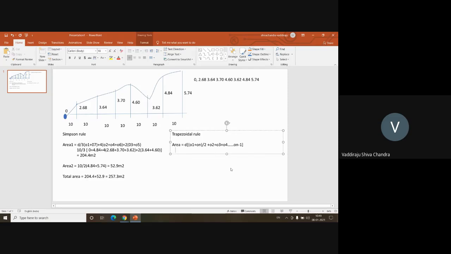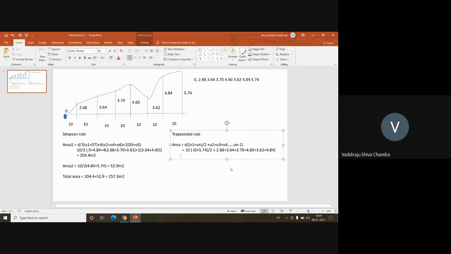So in our case, what is the value of D? 10. Multiplied by, what is the O1 value? 0. Plus ON is 5.74, divided by 2, plus O2 value 2.68 plus 3.64 plus 3.70 plus 4.60 plus 3.62 plus 4.84.